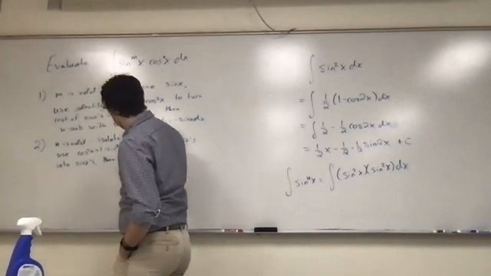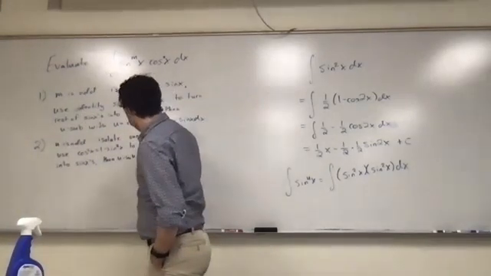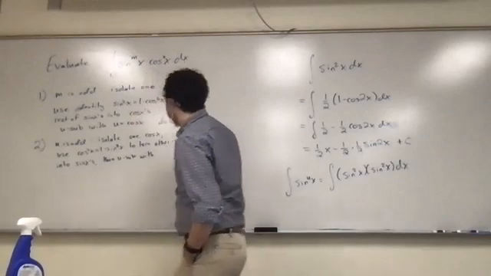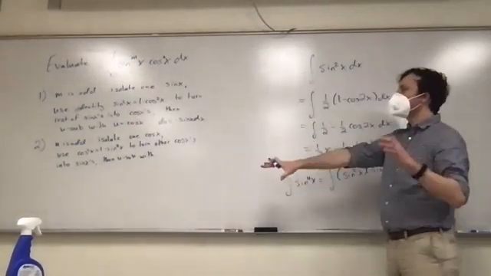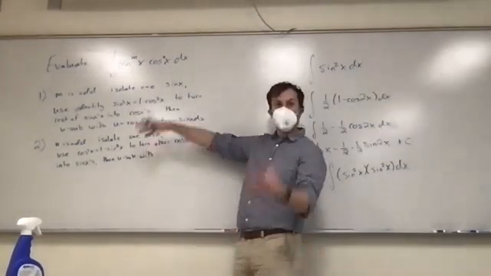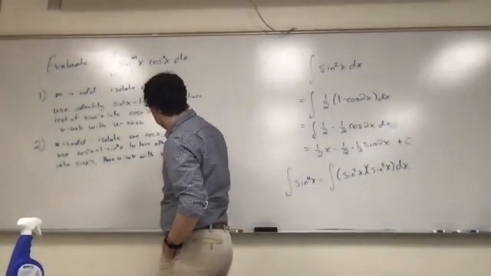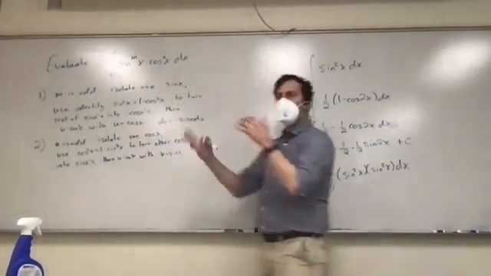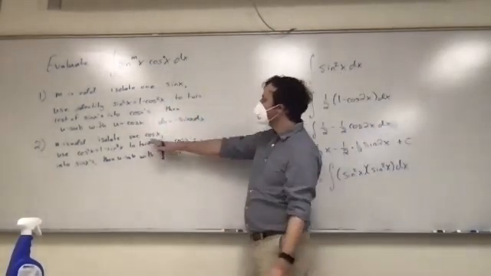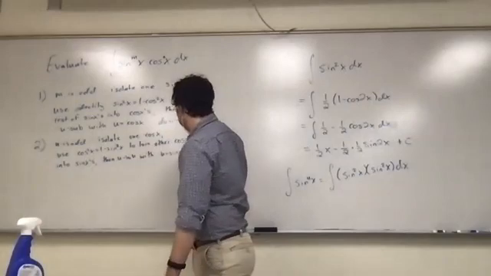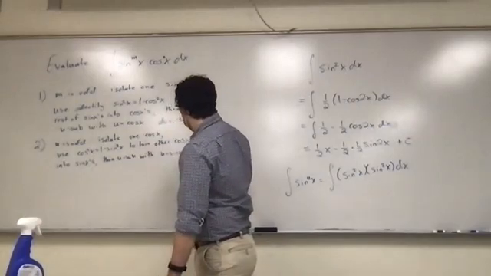Then u is sine, so all of those sines become u, and the single cosine you left off to the side is your du.